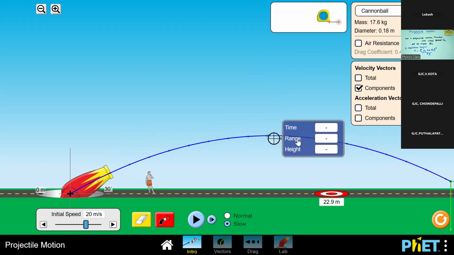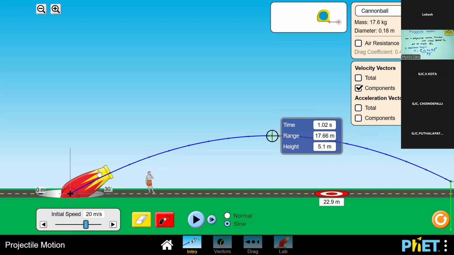So this is the maximum height, 5.1 in this case, for the initial speed 20 meters per second and the initial angle 30 degrees. By the equation of maximum height, h is equal to (v naught sine theta naught) the whole square by 2g, you will get 5.1. So this is the maximum height of that object in this case.